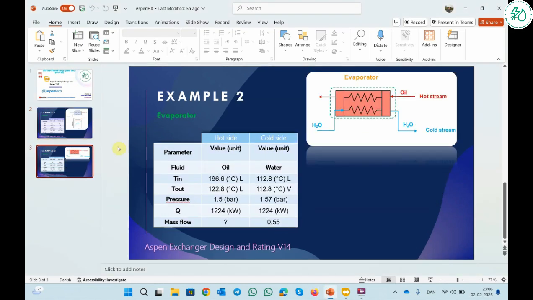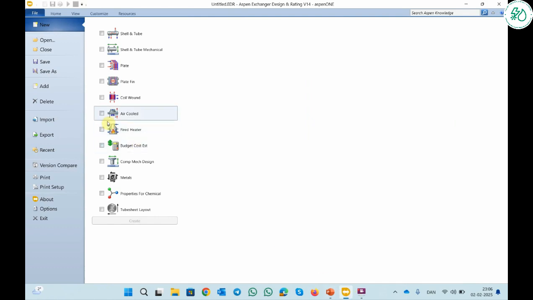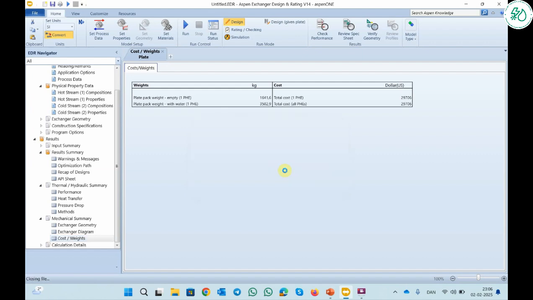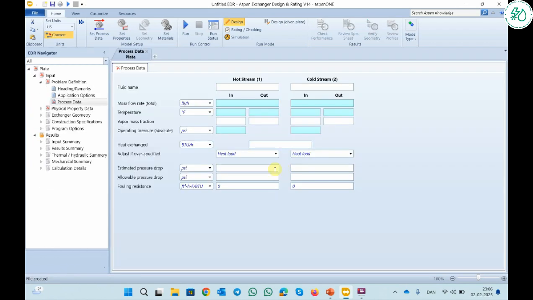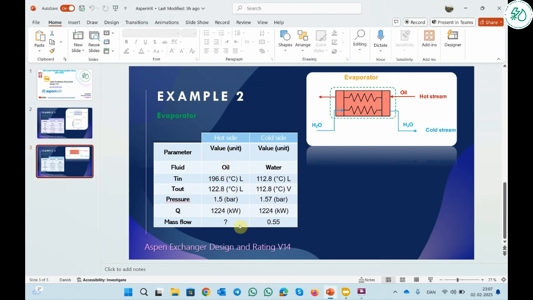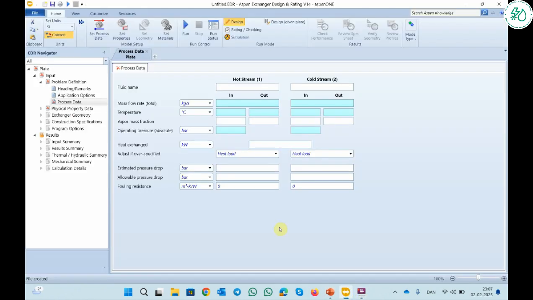The other example is the evaporator, and we should select plate exchanger for this purpose, and select the unit and set the unit to SI. Here, the name of the hot stream is oil and the cold stream is water.